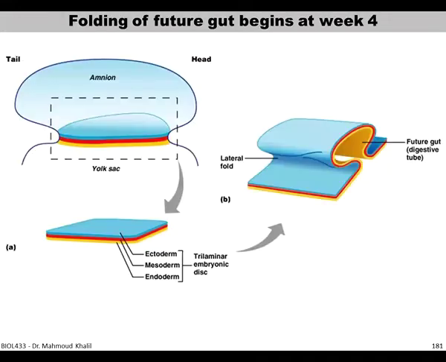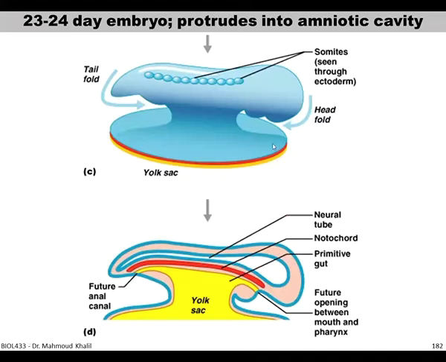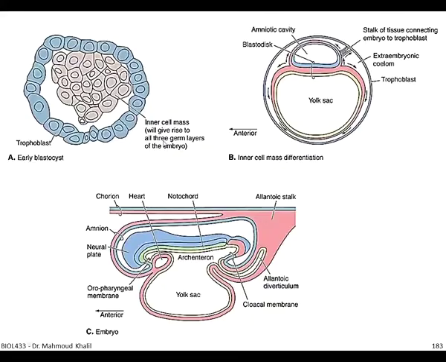So you can see here that the folding of the future gut begins at week 4. You can see the embryonic disc, which consists of 3 layers, the upper ectoderm, the lower endoderm, and the middle mesoderm. This sheet of cells, the trilaminar embryonic disc, starts to fold to form the future gut, the digestive tube. Here you can see the whole embryo at day 23 and 24, starting to protrude into the amniotic cavity on top of the yolk sac.